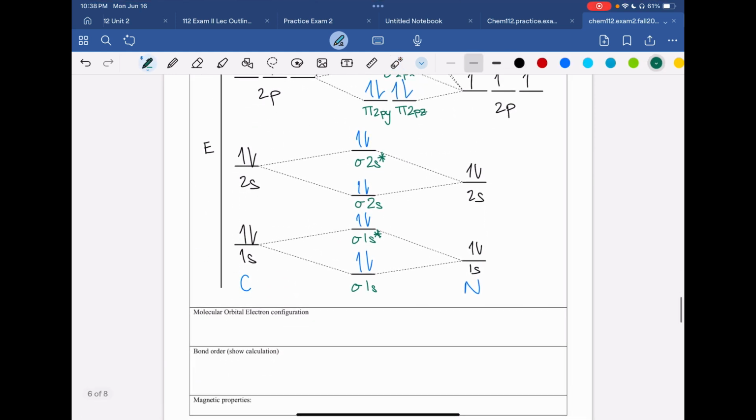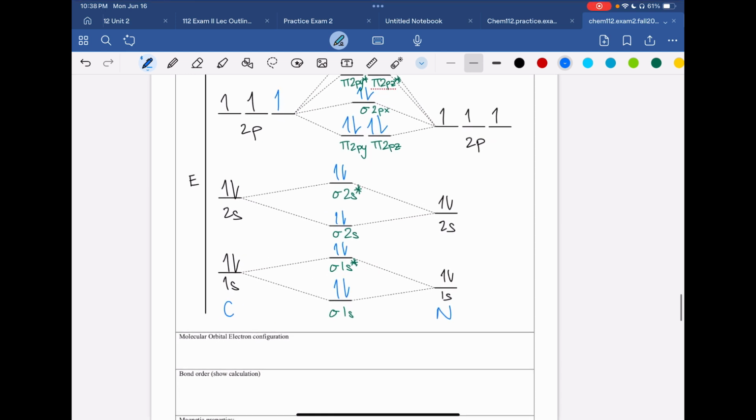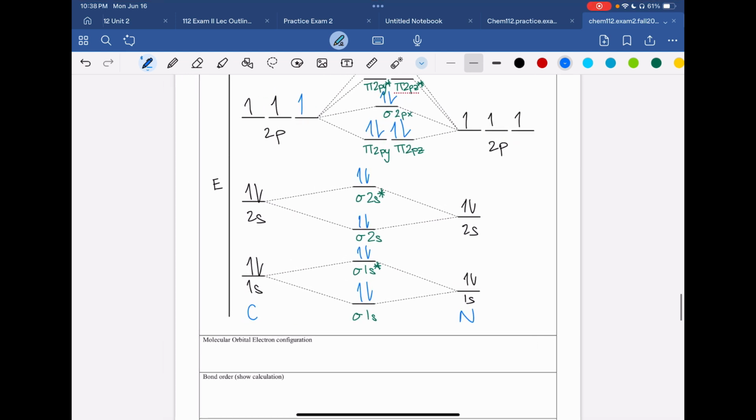Okay? So let's do the electron configuration. So you're going to start from the lowest energy of a sigma 1s. There's 2 electrons. Sigma 1s star 2. Sigma 2s 2.